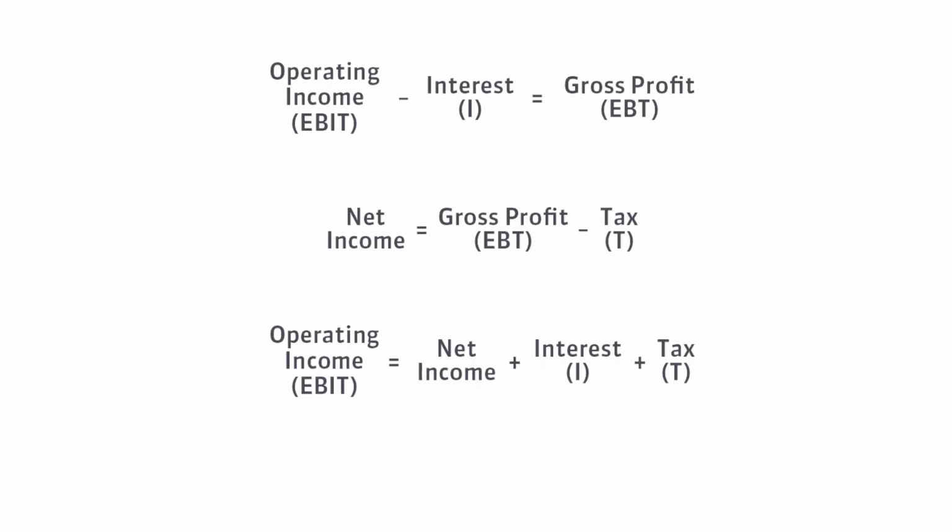Third, regardless of whether you want to know the value of operating income, gross profit, or net income, the value of the target income in units and in sales will be exactly the same as long as interest and tax are included. This is because you change the gross profit or net income value into the operating income value.